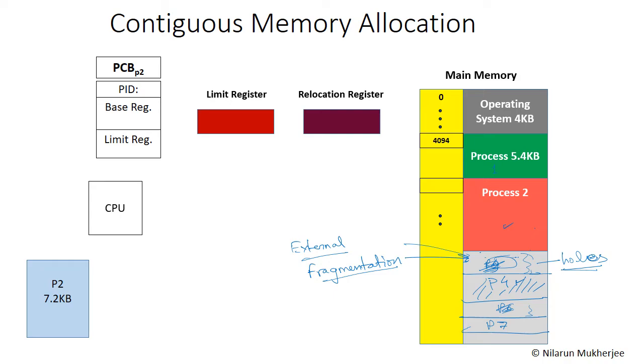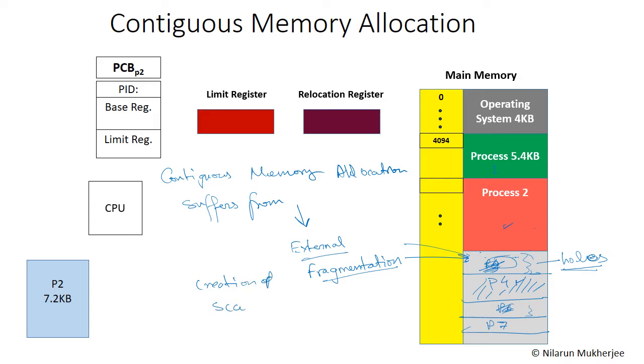That is, we can say contiguous memory allocation or dynamic partitioning suffers from external fragmentation, that is, creation of scattered holes in memory.